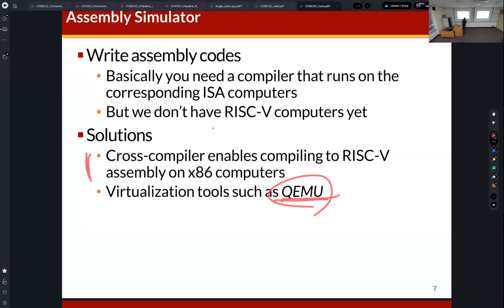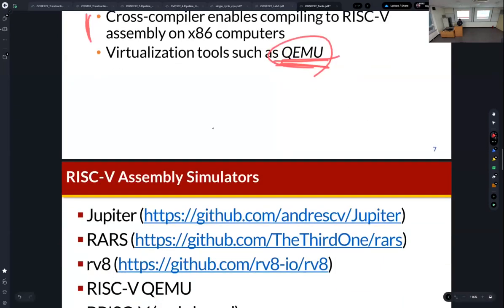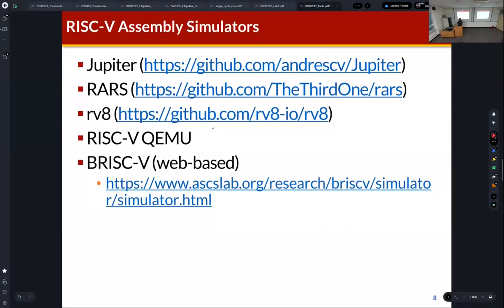Even if you install VirtualBox on your x86 computer, you cannot execute RISC-V binaries because the ISA is different. But QEMU is a software virtualization tool, so we can execute RISC-V instructions and RISC-V binary code. There are many assembly simulators.